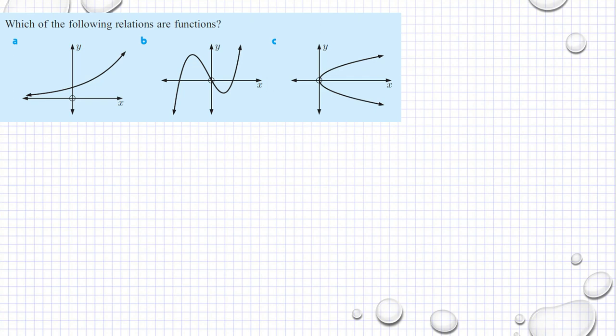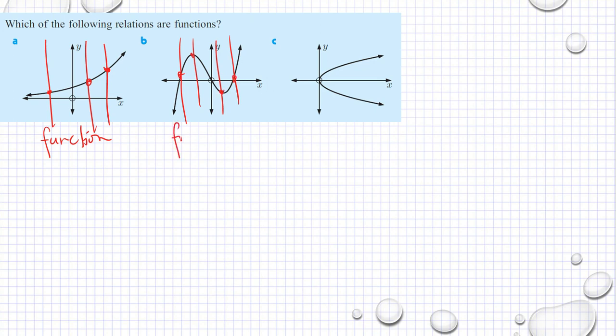Because if you can draw a line and you meet the graph only one time, at one point, as you can see here, or cross the graph at one point, then it is a function. This is a function. This is an exponential function. If I will do this also, then I only cross the graph at one point, then this is also a function.